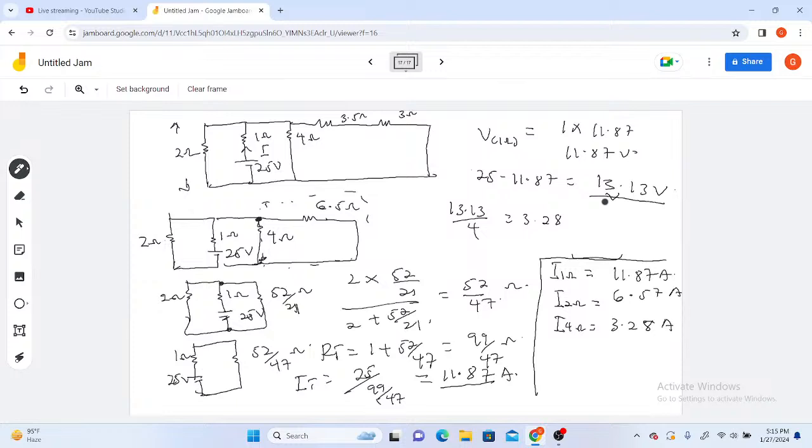At this point, the total voltage across this 6.5 is 13.13. But I need the current through each here. To find the current, you need to use the combined resistance in this branch.